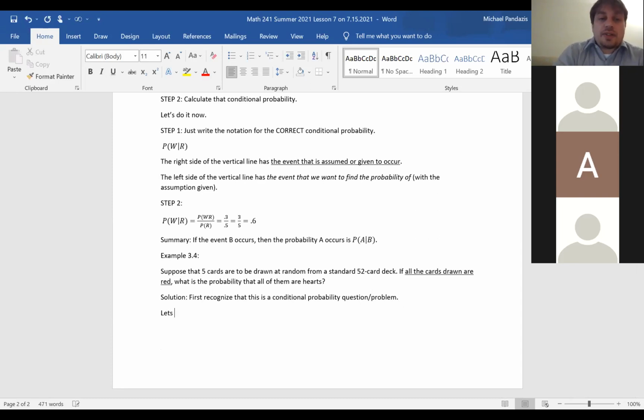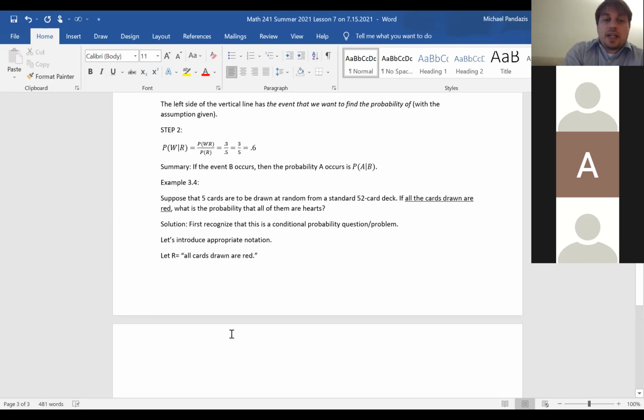Okay, so let's introduce appropriate notation. So all the cards drawn are red. Let R equal the event that all the cards drawn are red. And I'm going to let H equal the event that all cards drawn are hearts.